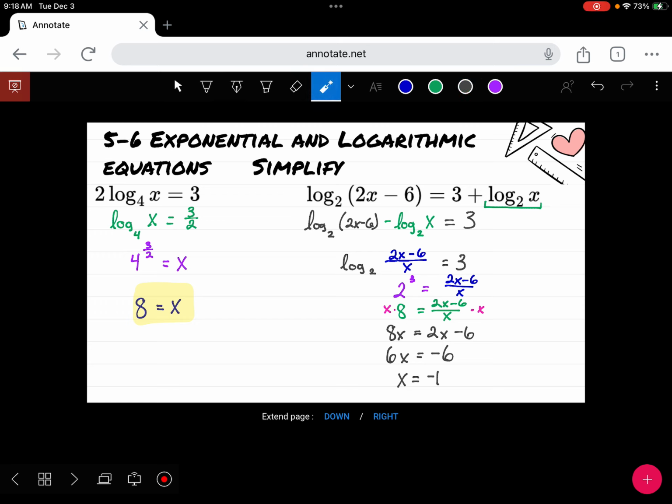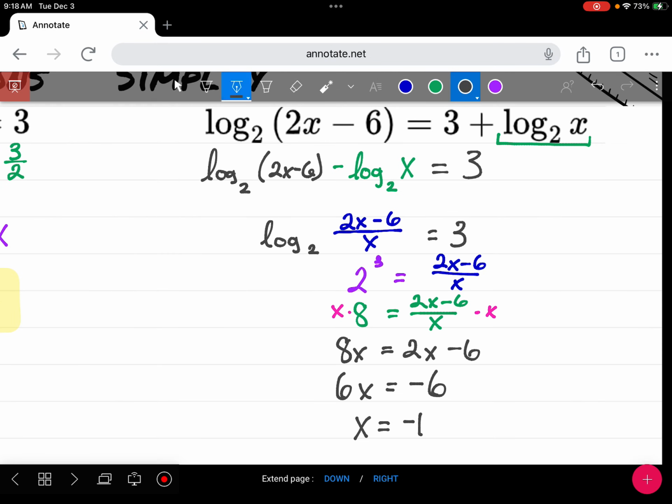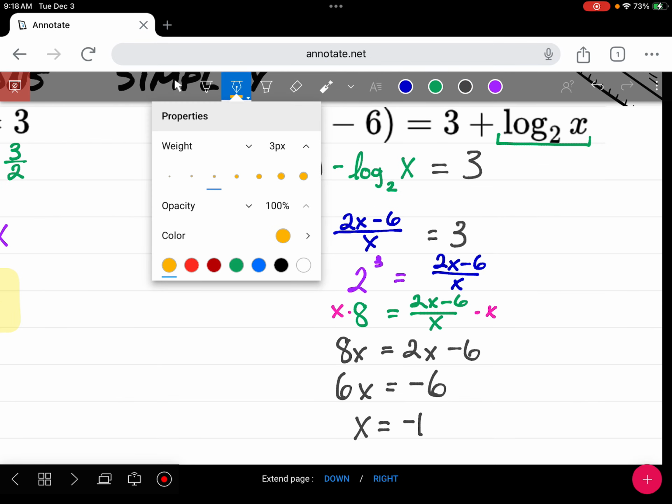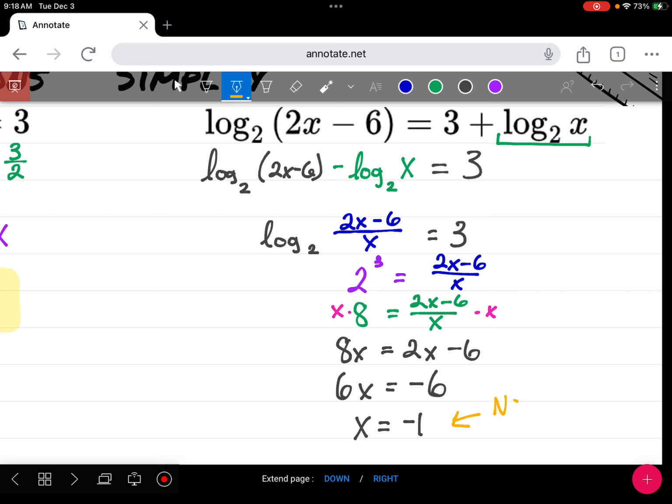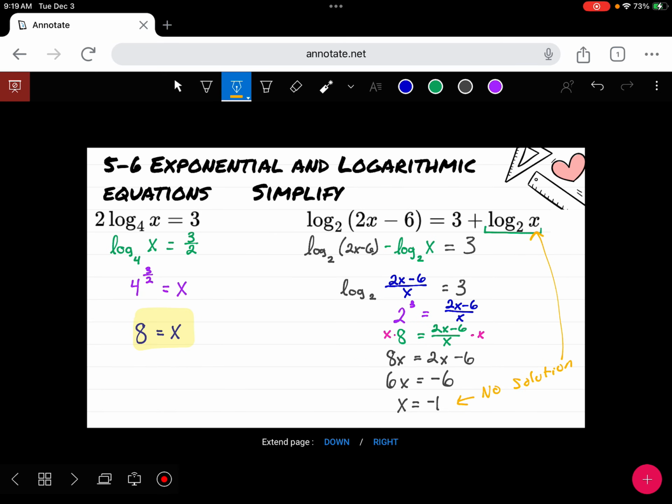Because we have a negative argument. So this actually ends up with a no solution. Because of this x right there. Okay.